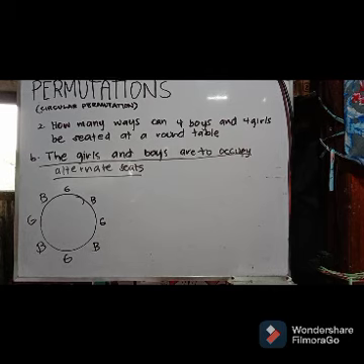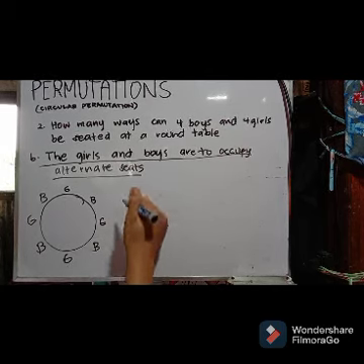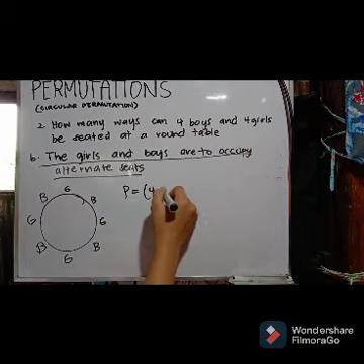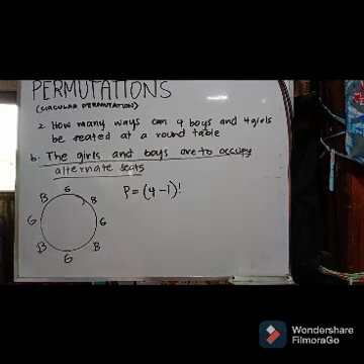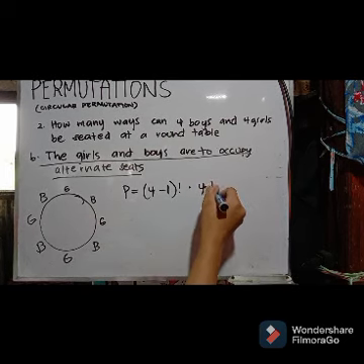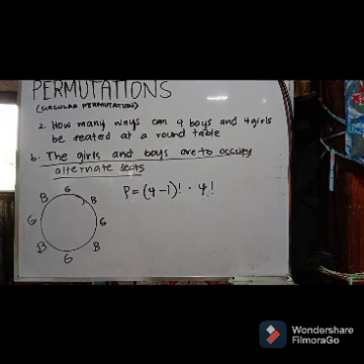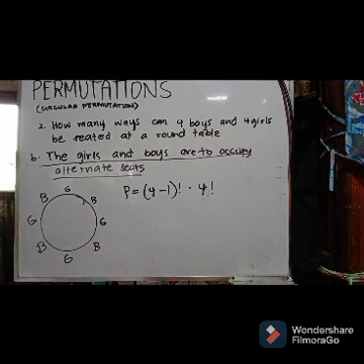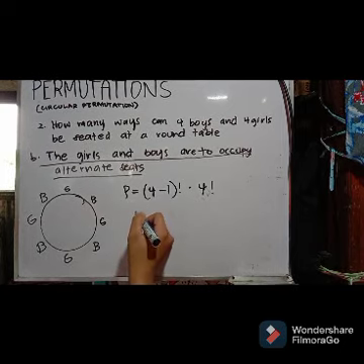So the formula to use: there are 4 girls, so permutation is equal to 4 minus 1 factorial, multiplied by the boys, or 4 factorial. Only one circular permutation is used because if two circular permutations are used, the answer is false.